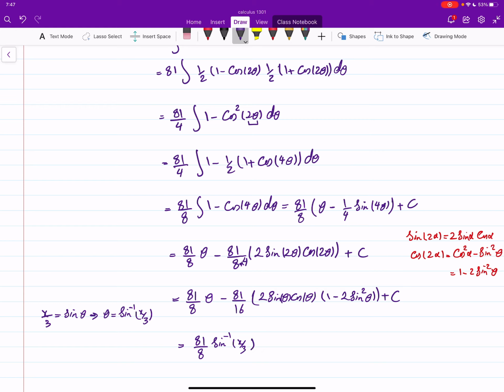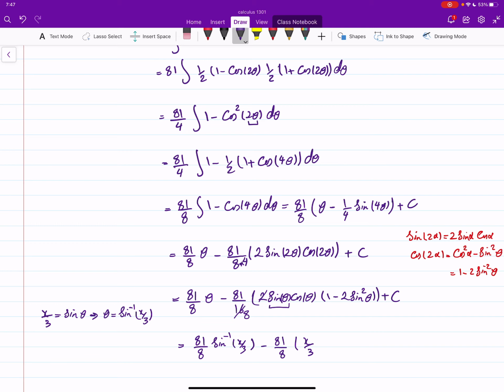For the second term, by the way, this will cancel there. So we will get minus 81 over 8, and this will be sine theta itself, which is equal to x over 3, and cosine of theta.